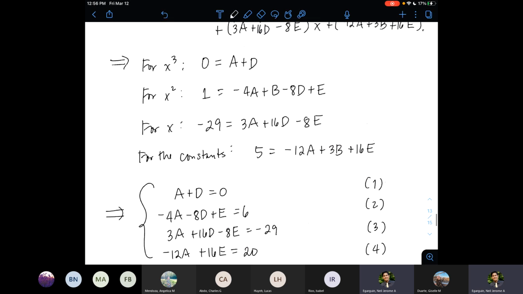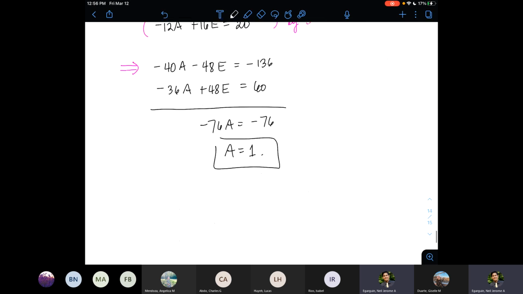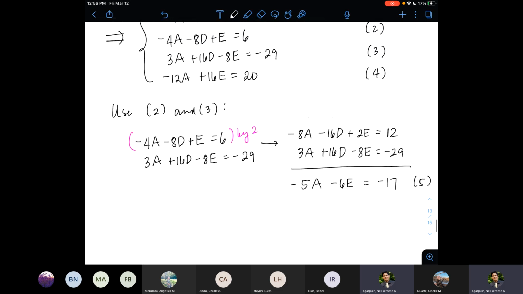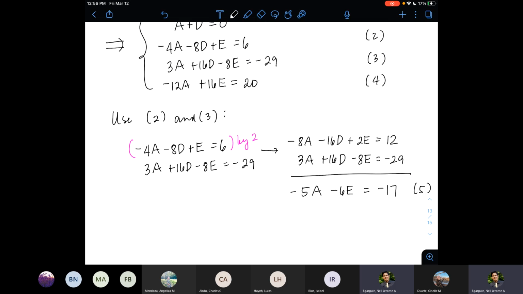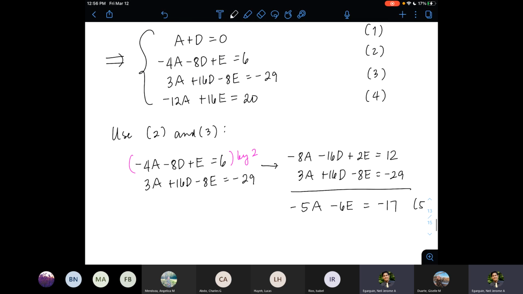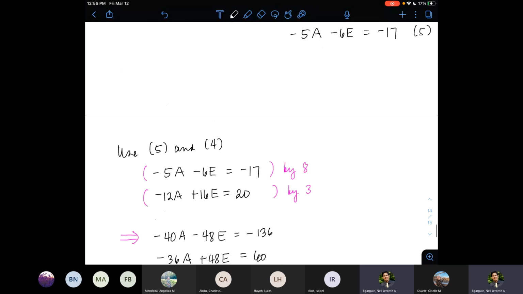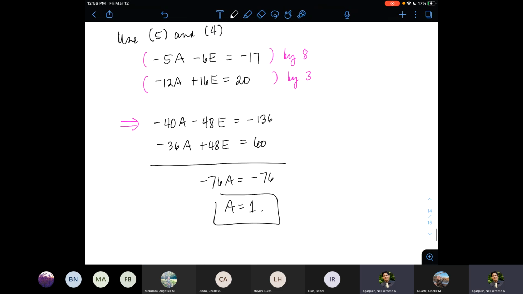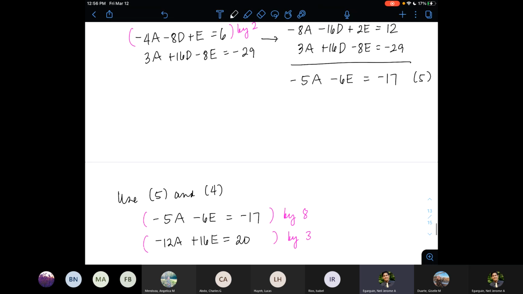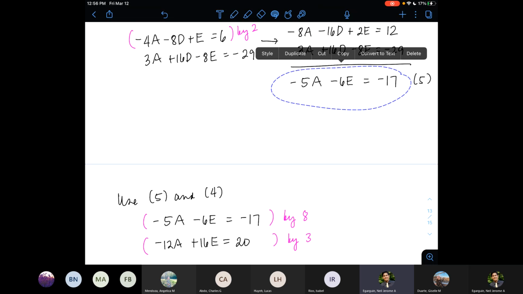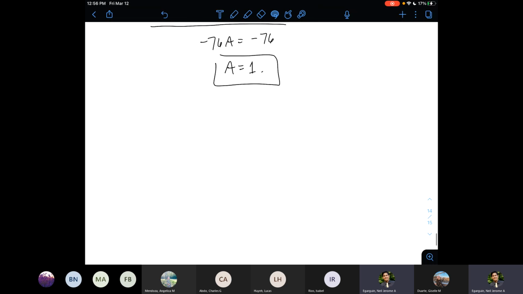Okay, so we have two values down. So let's see what else we can find. I already know B and A, so I guess I can solve for E. Yeah, I can use this equation to solve for E.